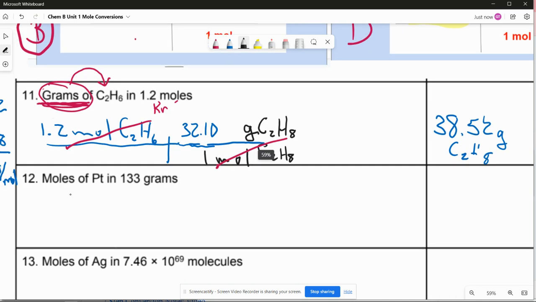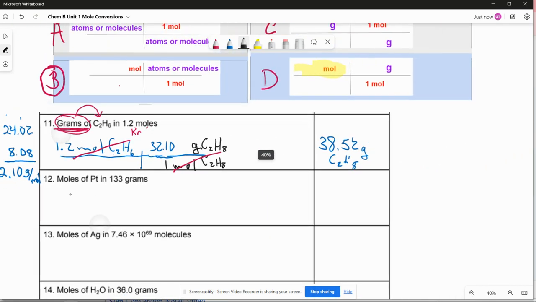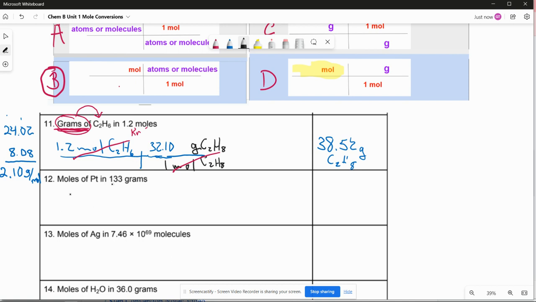We're looking at problem number 12. We know that we are starting with 133 grams of platinum. How many moles is that? This time we're looking for moles and we're starting with grams.